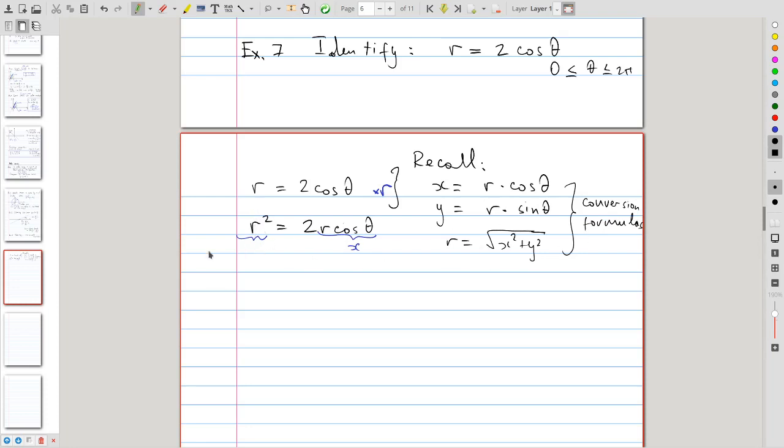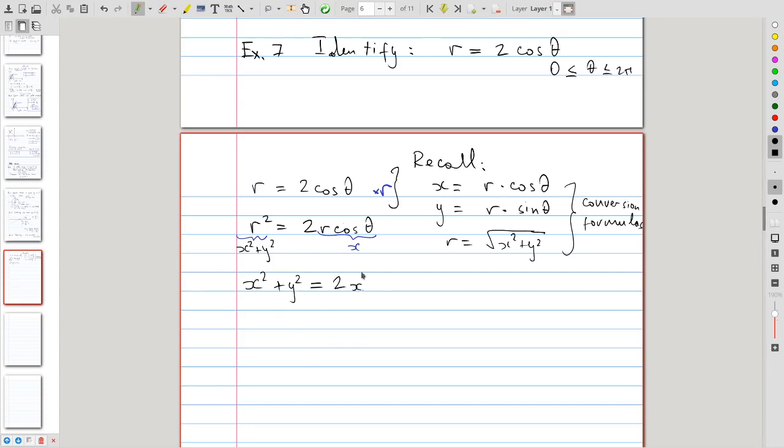In view of this formula, we have for r squared that it is equal to x squared plus y squared. And so then we conclude that the equation of our curve in Cartesian coordinates is x squared plus y squared equals 2x, like so. Great. Now this is purely in terms of Cartesian coordinates.